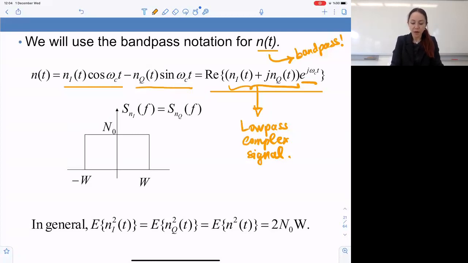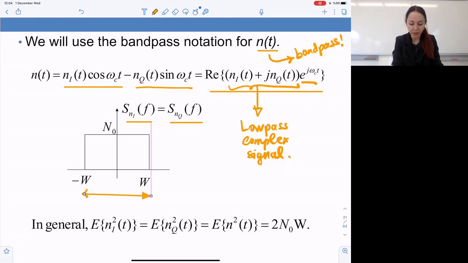Now if you look at the PSDs of these in-phase and quadrature components that are low pass stochastic processes, as we showed before in our previous lecture, they span a bandwidth 2W across 0.